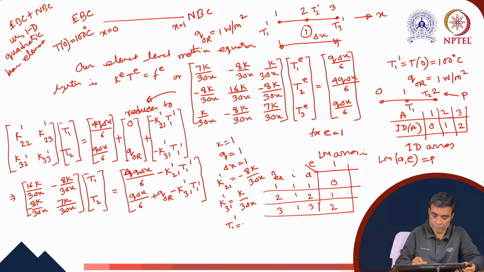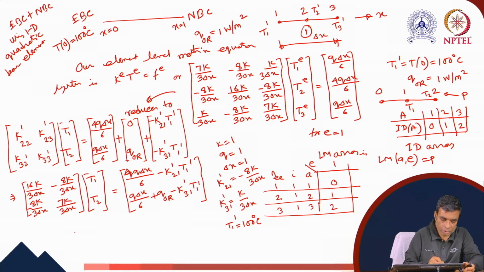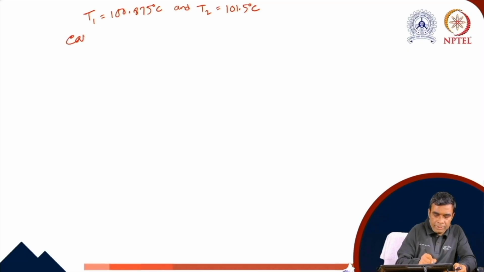T_11 equals 100 degrees centigrade. So we know all the property values, and then we can generate these two equations separately and solve them. It is found that the solution will be T_1 equals 100.875 degrees centigrade and T_2 equals 101.5 degrees centigrade.